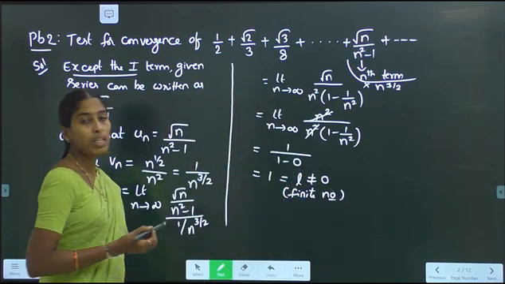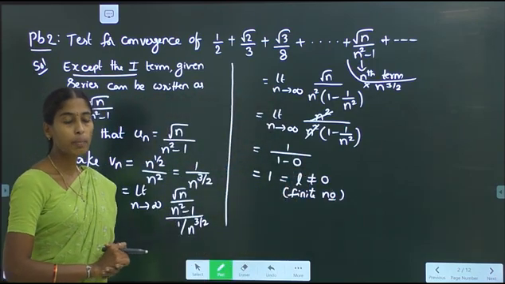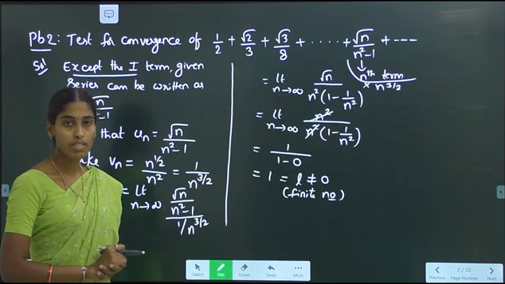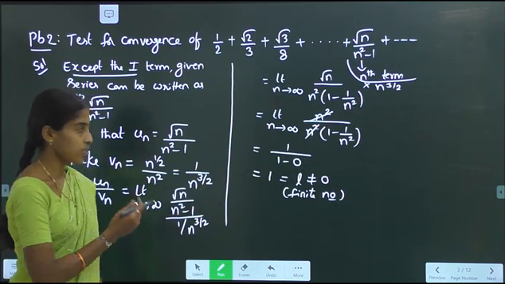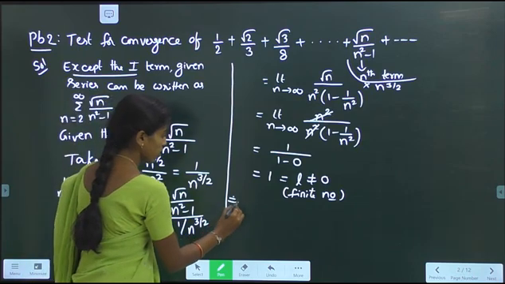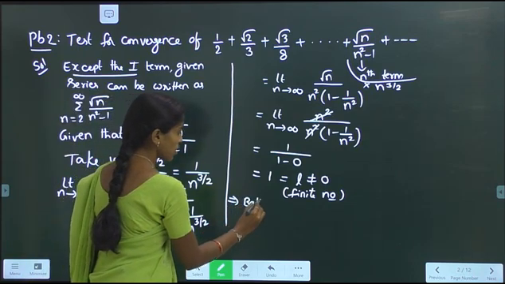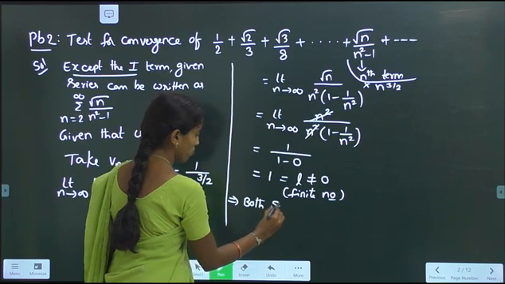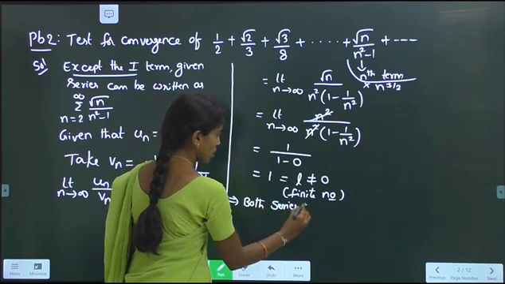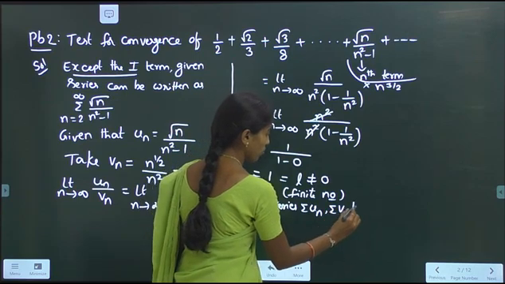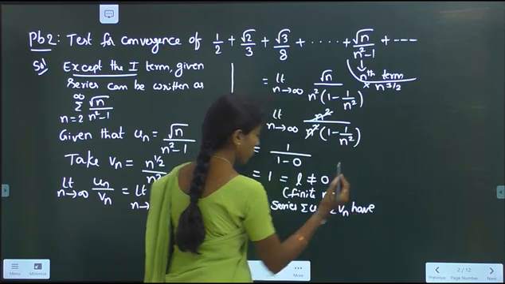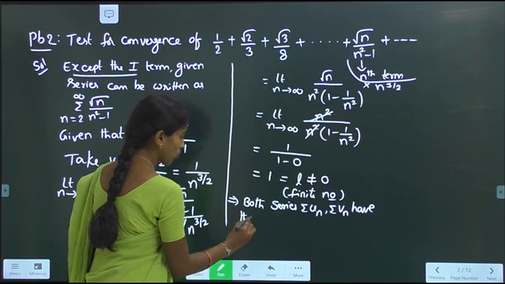So, to apply the limit form of comparison test, limit un by vn value must be finite and a non-zero value. Which is finite and non-zero, implies both series sigma un, sigma vn have the same nature.